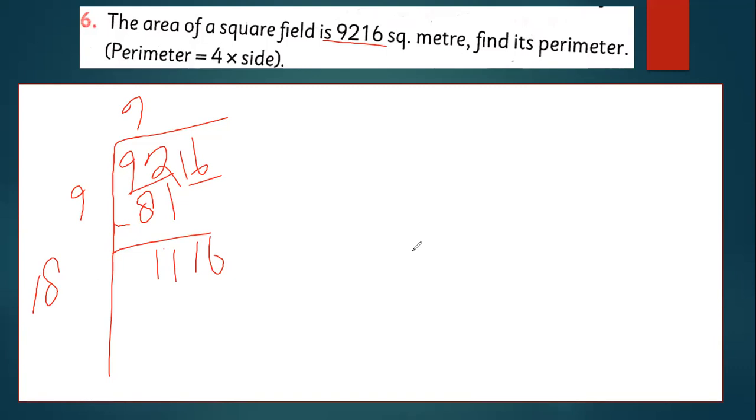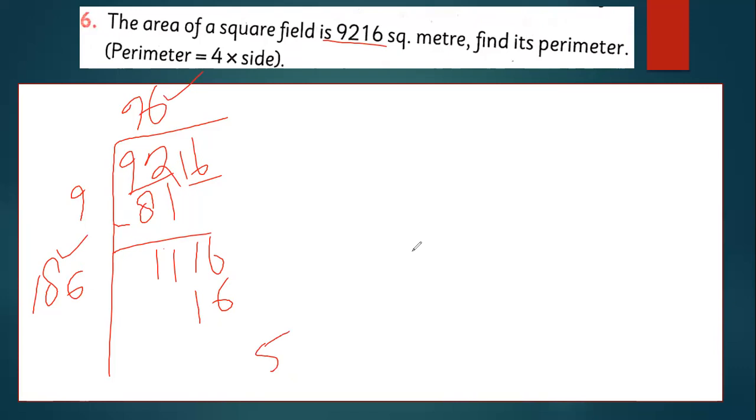We cannot do it by 7. Just check it by 6. 6 6s are 36, 6 is there, 3 is carried. 6 8s are 48, and the 3 makes 51. So 5 is carried.